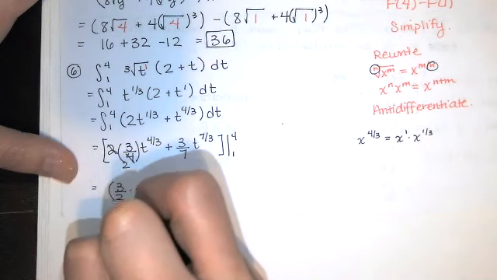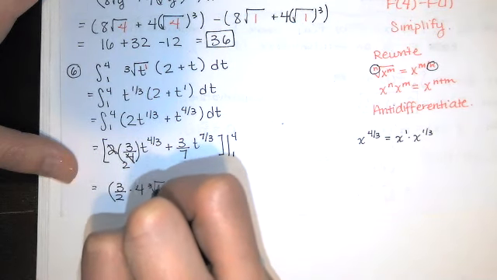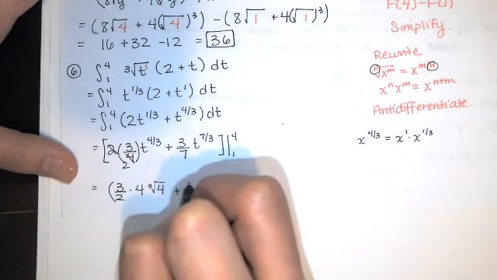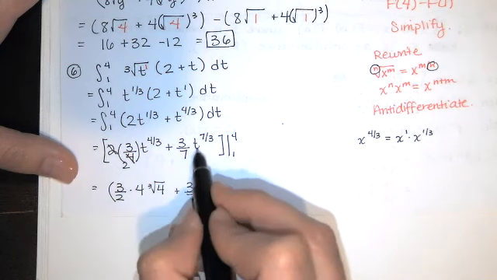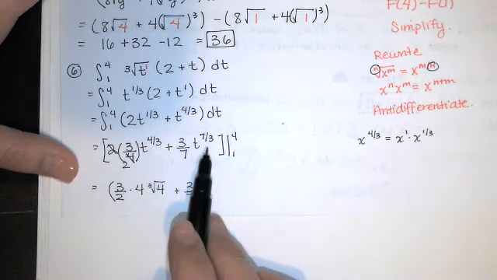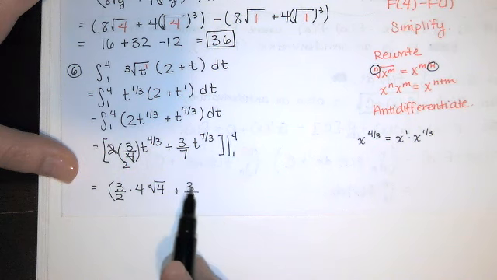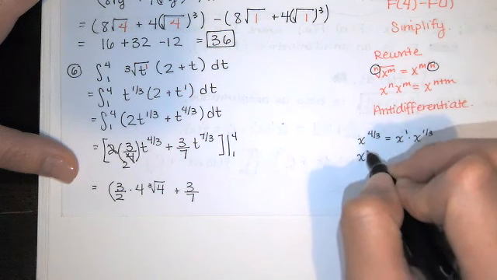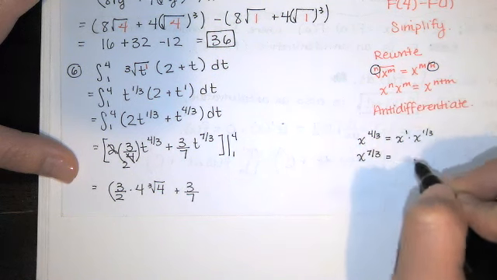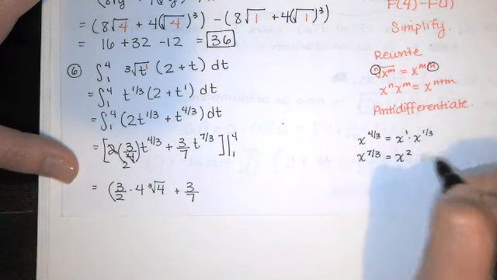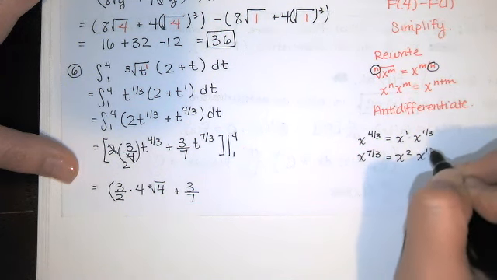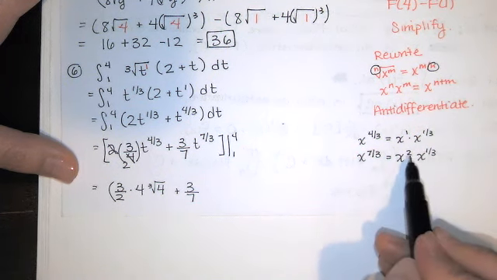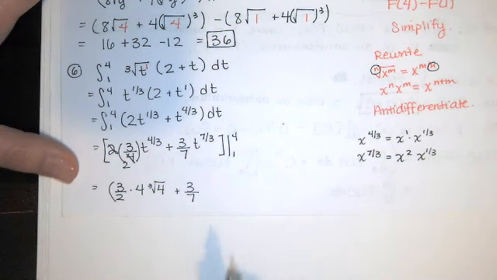So this is actually 4 times the 3rd root of 4 plus 3/7, and then we've got 4 to this power. Something to that power is x squared times x to the 1/3, because 2 is 6/3, 6/3 plus 1/3 is 7/3.